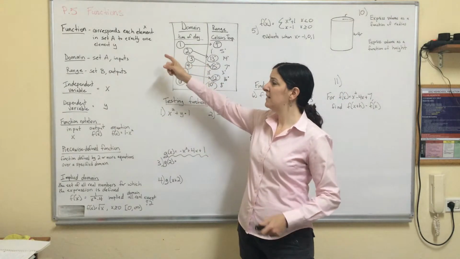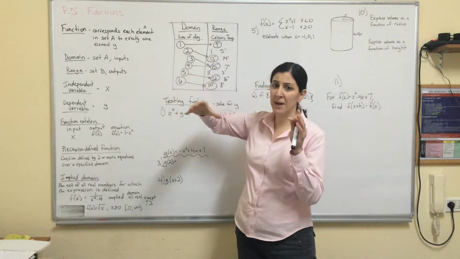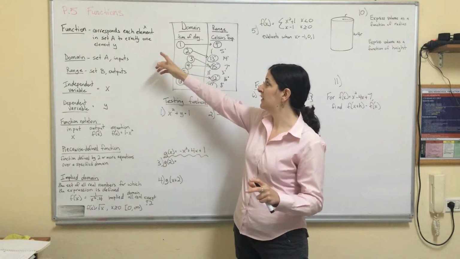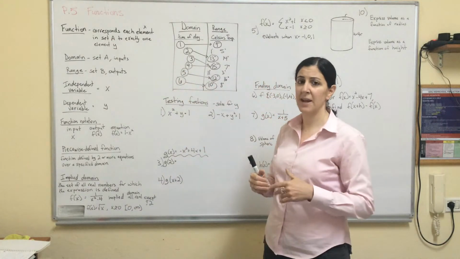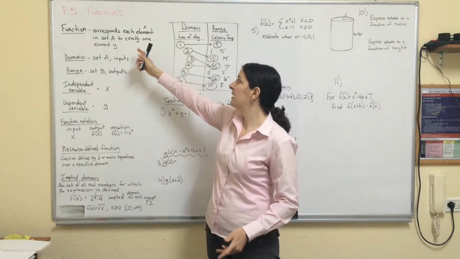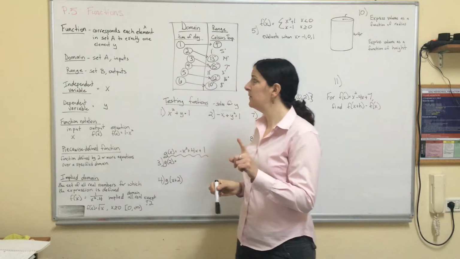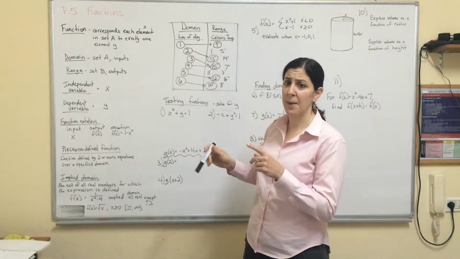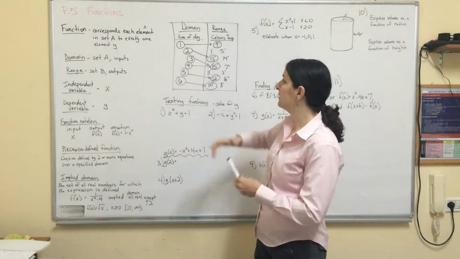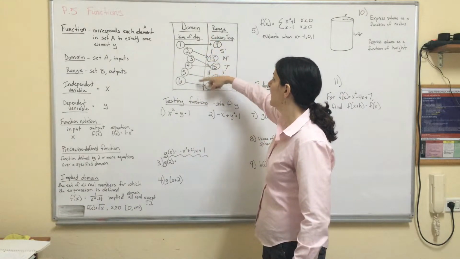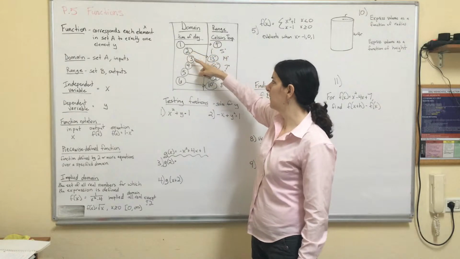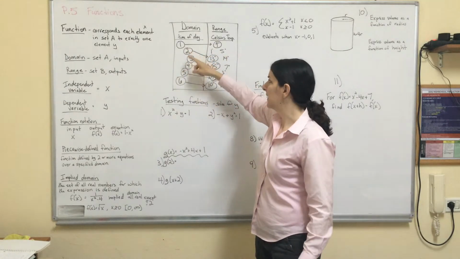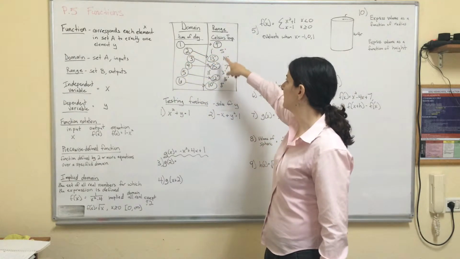A function corresponds to different variables. It corresponds each element, let's say x, from set A, to exactly one element in set B, which would be y. If we look at something like this, this is the time of day, let's say 1 o'clock, 2 o'clock, 3 o'clock, and then this is the Celsius temperature.